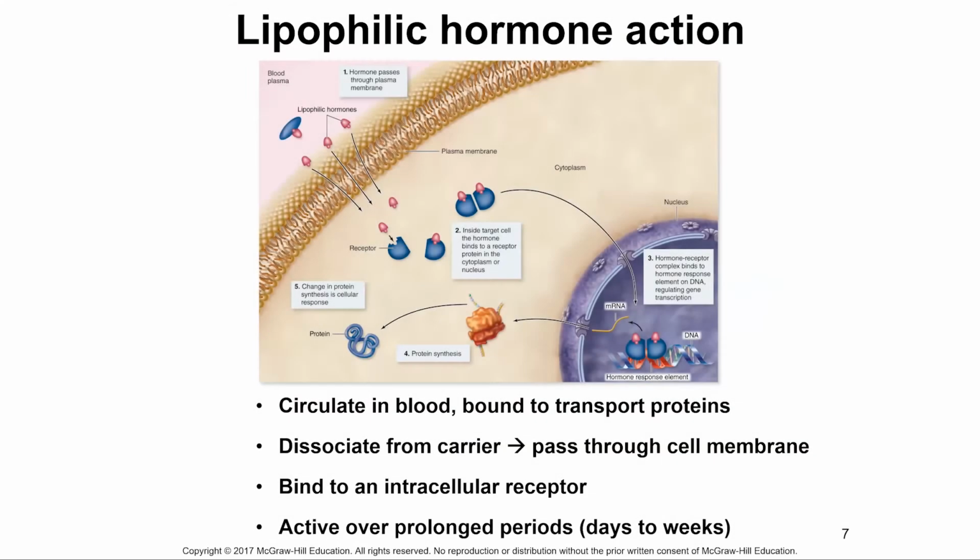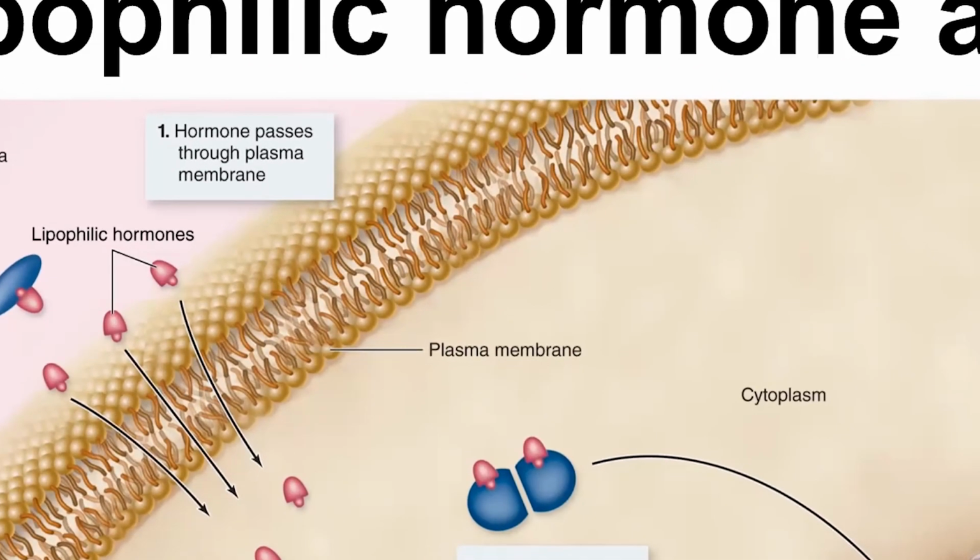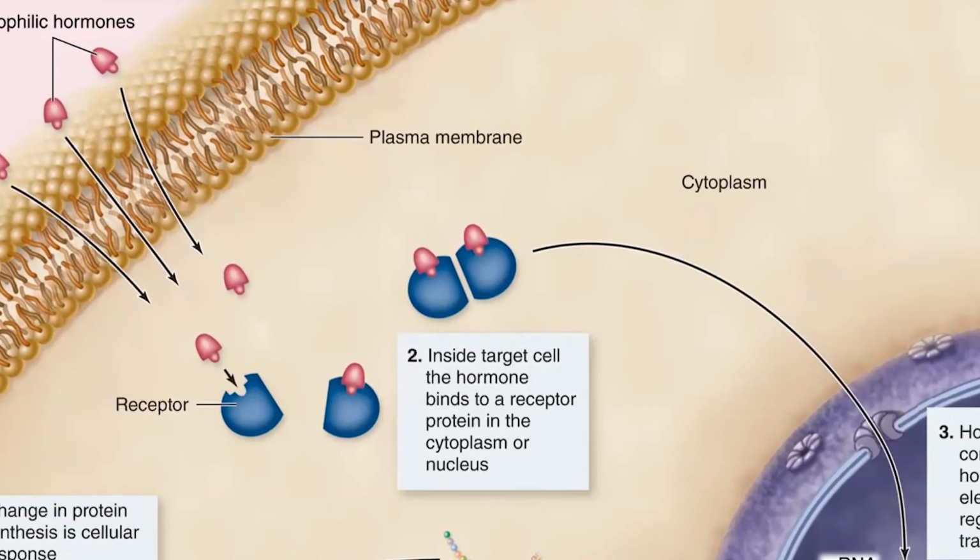And here we see a generic example of lipophilic hormone action, where we see the hormone pass through the plasma membrane because it's lipophilic. It then binds to a receptor protein inside the target cell in the cytoplasm.